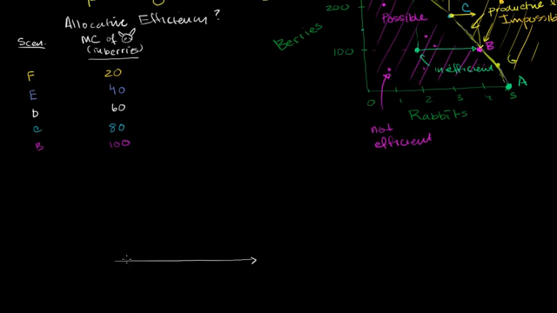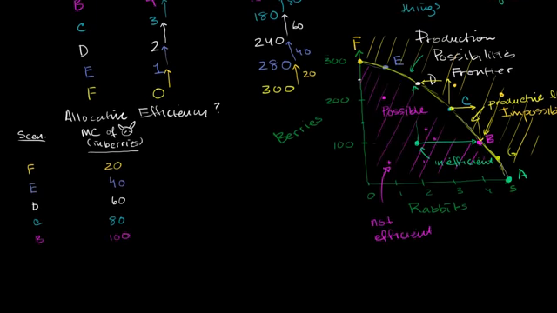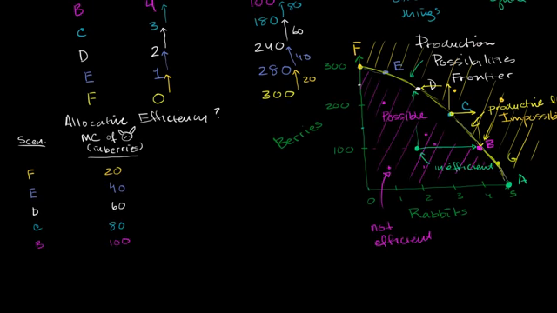Let's call this scenario F, scenario E, scenario D, scenario C, and scenario B. Actually, instead of doing it that way, let me just talk about it in terms of the number of rabbits I have. So in scenario F, if you remember, you have 0 rabbits.